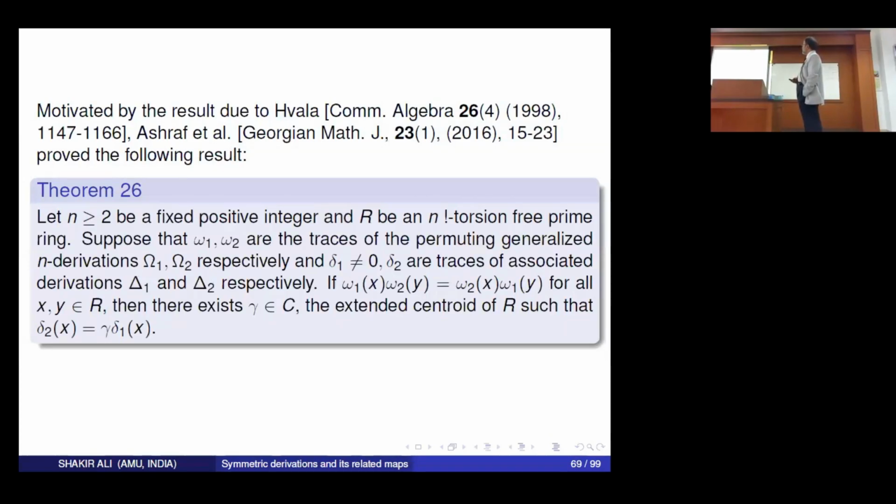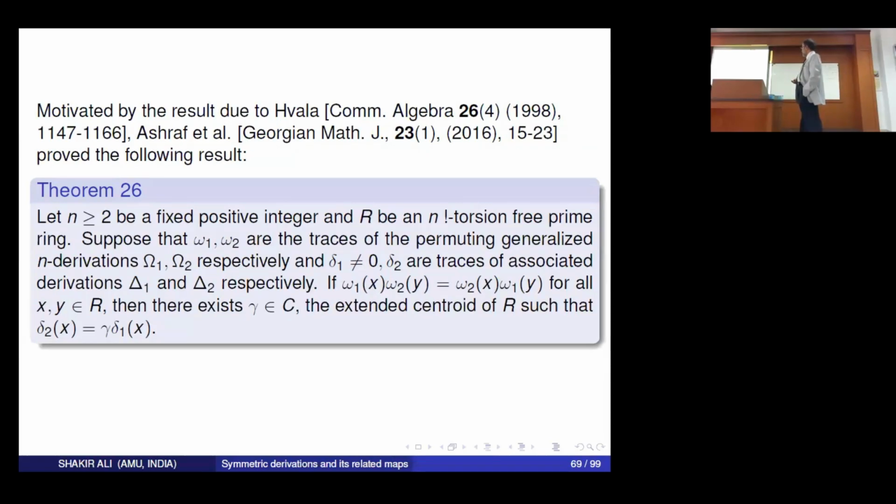Okay. So then, motivated by the idea of generalized derivations, our colleague Ashraf and our other students combined this idea and studied some problems for generalized n-derivations instead of generalized derivations. So the result is here, between two fixed positive integers n and n'.